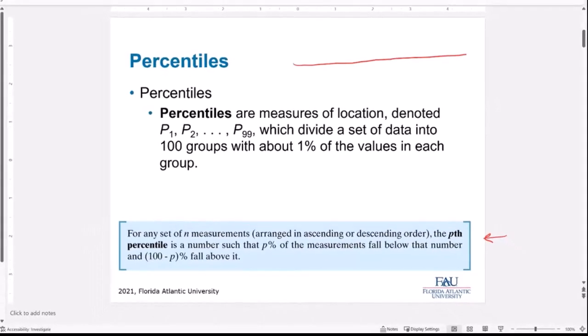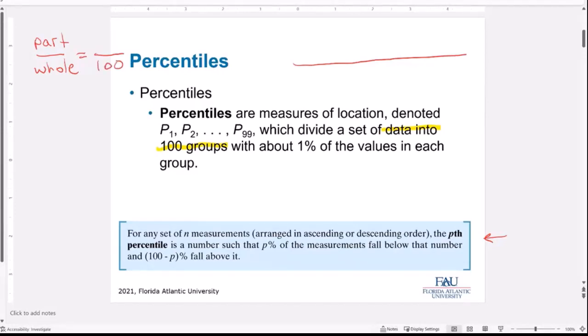When I think of percent, I think of the part over the whole. For example, here we're talking about data which is divided into 100 groups. The whole is always 100.